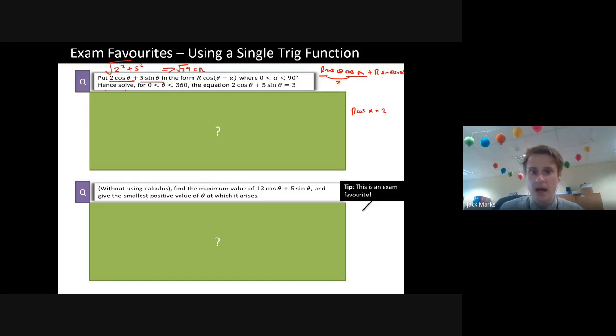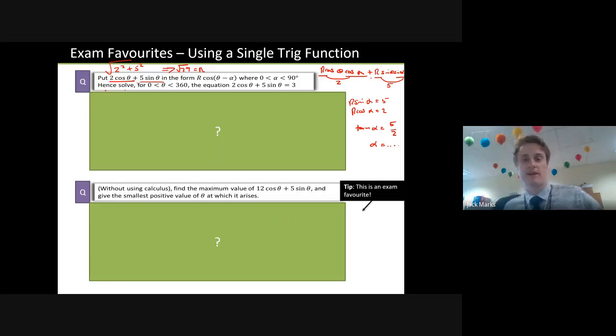And the other part here, 5, a positive 5. So R sine alpha equals 5. The pluses are the same, so I don't have to worry about the pluses. So tan of alpha equals 5 over 2. And you can see that I can work out alpha from there.